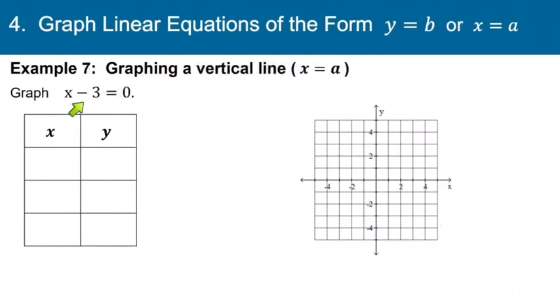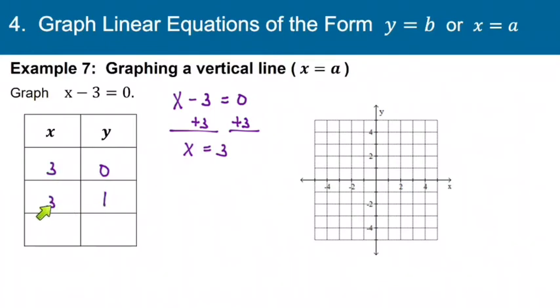And let's look at x minus 3 equals 0. So of course if we take this equation and add 3 to both sides, we can see that x equals 3. So no matter what y is, x always equals 3. If we let y equal 0, x has to equal 3. If we let y equal 1, x has to equal 3. If we let y equal 2, x has to equal 3.